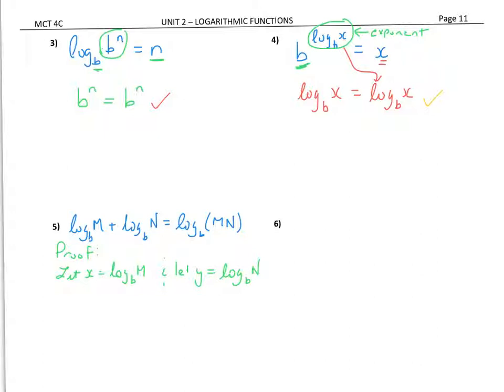Now let's see what we can do with this. I'm going to take the first section and rewrite it in its exponential form. That gives us b to the x equals m. And from the second part, b to the y equals n.